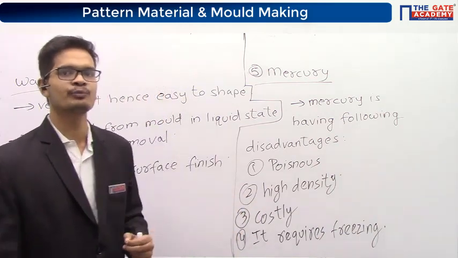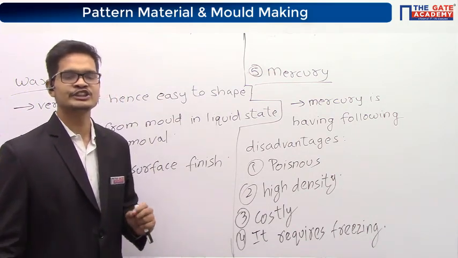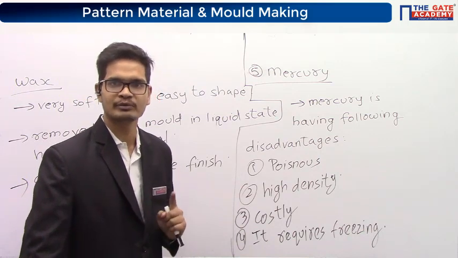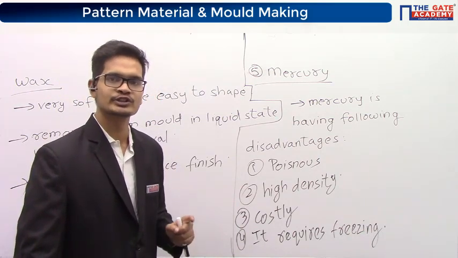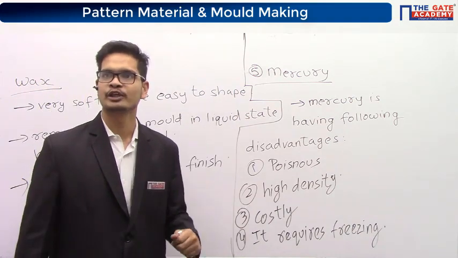So if you want to produce a component, a very small component, in which you don't want to give any machining allowance, you want to produce a component with very good surface finish, you'll be going for mercury pattern.